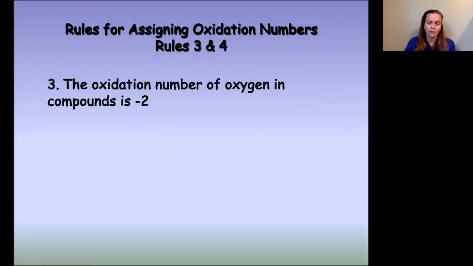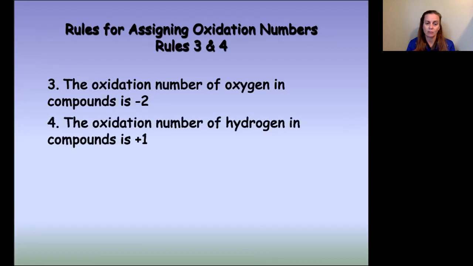The next rule we're going to learn, and we pretty much apply these in order, is that the oxidation number of oxygen in compounds, not all by itself, then it would be 0, but in compounds, is -2, with one key exception, and that's when it's in a peroxide, and we'll talk about how to identify those. So in a compound, the oxidation number of oxygen, even in a covalent compound, is -2.